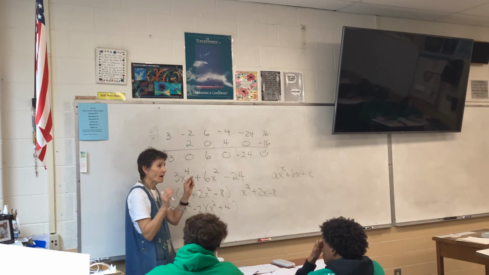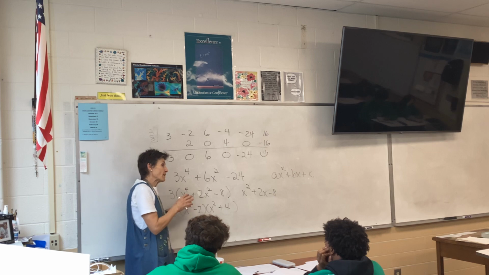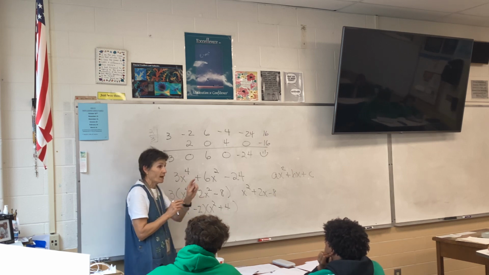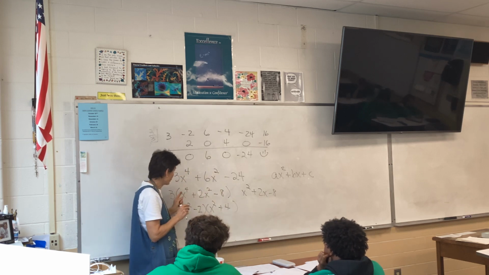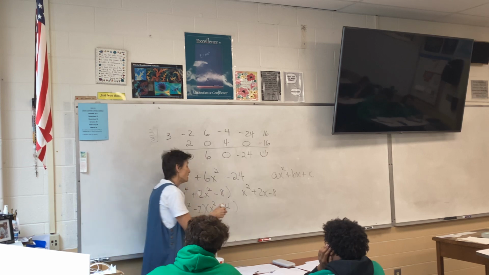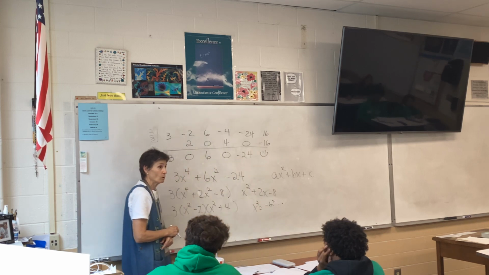That's its corresponding quadratic. Now, what if it didn't factor, or if I couldn't factor, or didn't want to factor it? Could I use the quadratic formula? Yes. If it's in quadratic form, if the equation looks like this, you can use the quadratic formula, but you're not solving for x equals, you're solving for x squared equals.